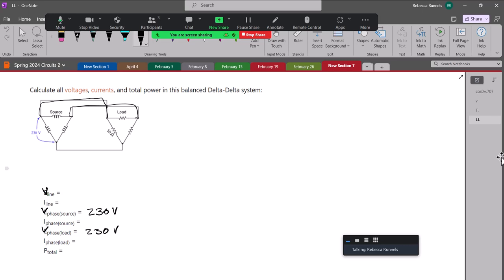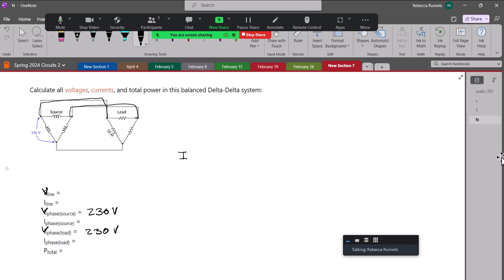On the load, we have that our current... Oh, I get myself messed up because L is line, not load. I was like, but that's not right.